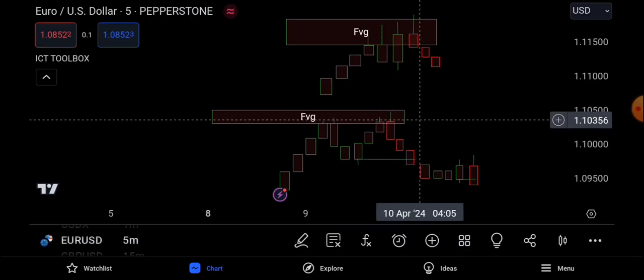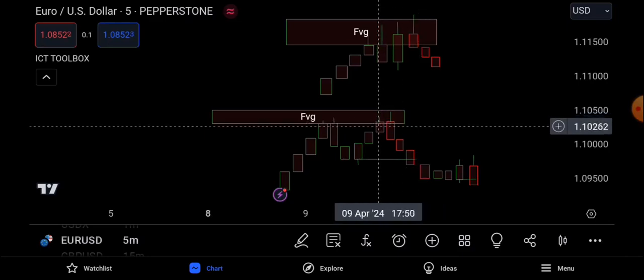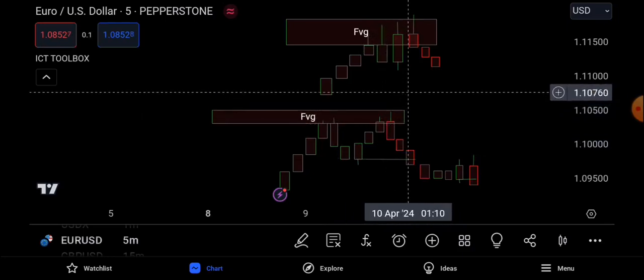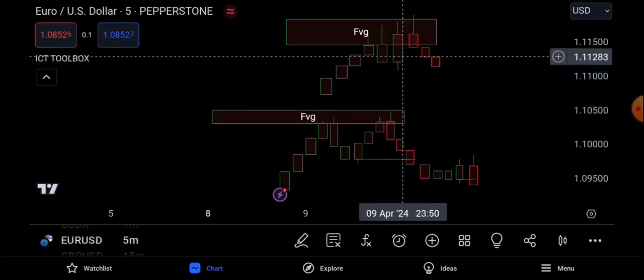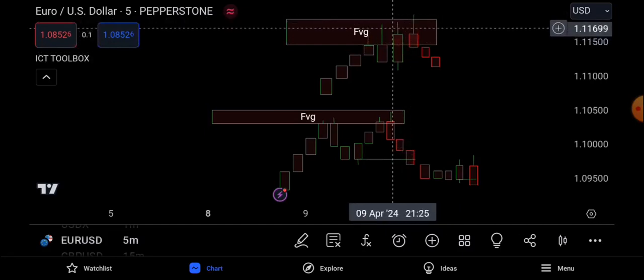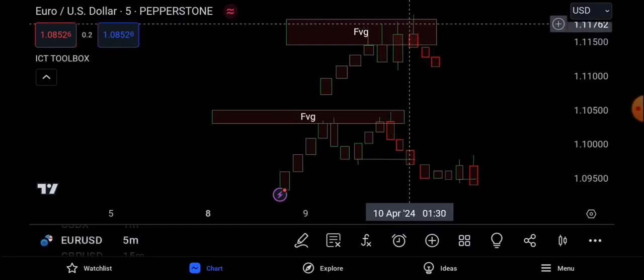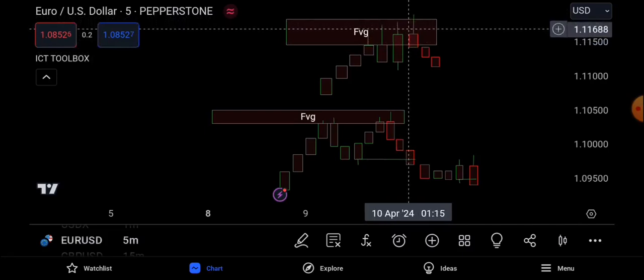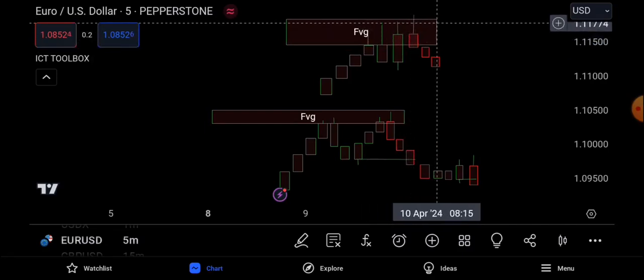Okay, so I've given you an example of a series of candles making an order block tapped into a fair value gap. Let me give you, for a single candle, what it would look like. We would get a liquidity sweep above but still remain within this fair value gap, or the 50% of a fair value gap, which makes this a valid fair value gap. We haven't invalidated it.